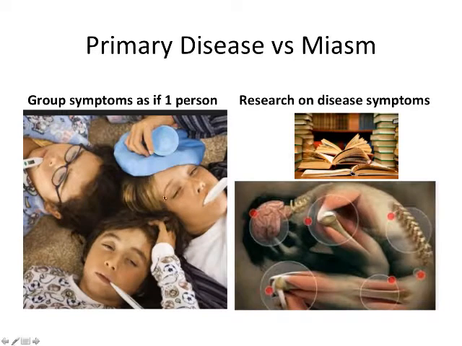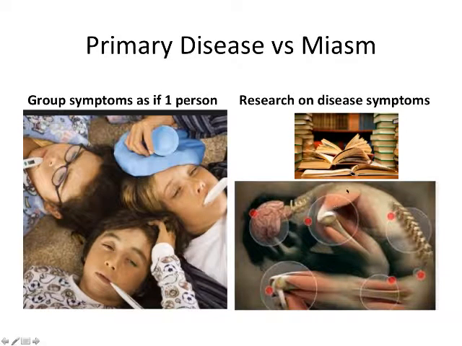So here you have the group, and everybody has some kind of sickness, contagious disease, and you treat the group as one person. So that's the primary disease state here. Here, the disease has gone and affected many different parts of the body, and maybe this was cured, that was cured, but this was left. And we know about this disease state in books of research, this kind of thing in medicine, I think, is even computerized.